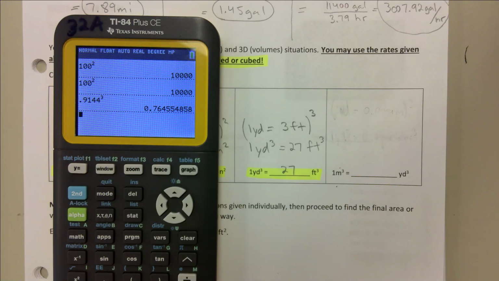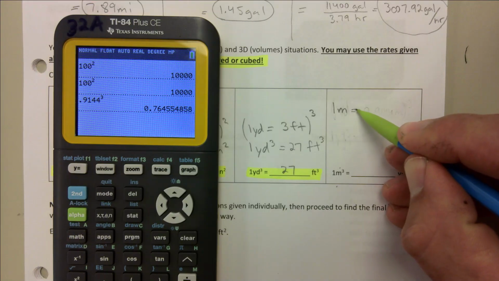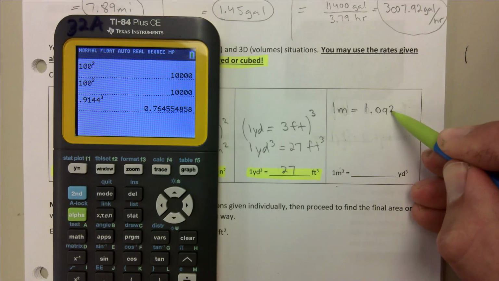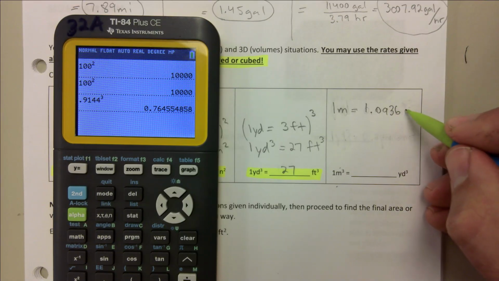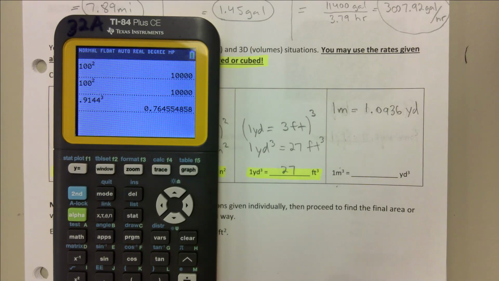It's because I didn't give you this one. I'm just going to tell you this one. 1 meter has 1.0936 yards. I didn't give you that one.